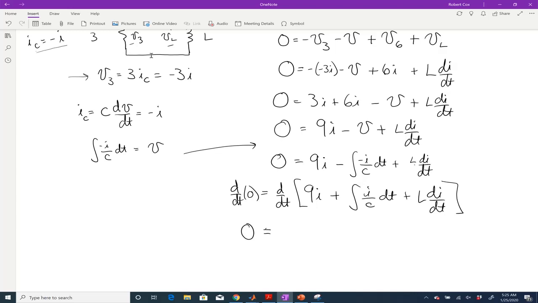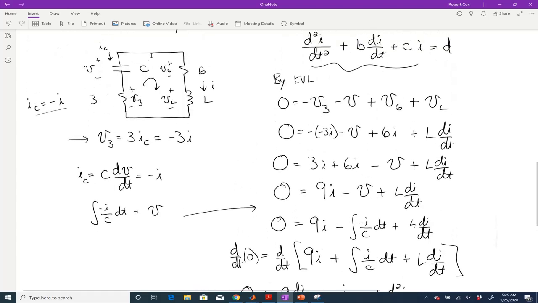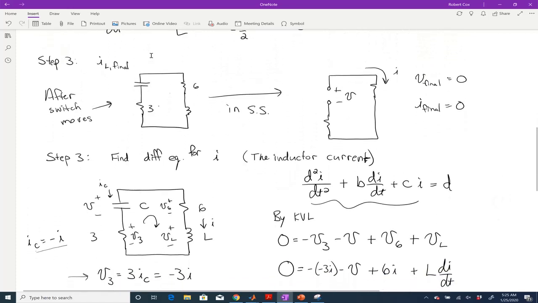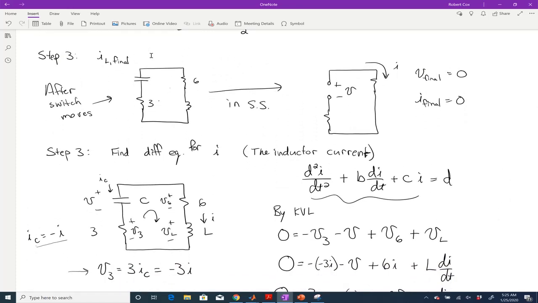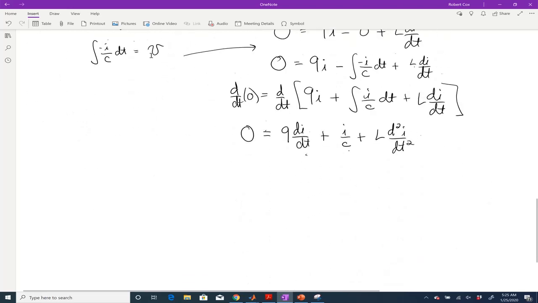This guy becomes 9 dI/dt, plus, so the derivative of an integral, you get rid of both the derivative and the integral. They kill each other. So I get I over C plus L d squared I dt squared. So I have a differential equation now with a second order term, a first order term, and a zero order term. It's just not in my preferred form, right? I want a coefficient of 1 on the second order derivative. I don't have that.